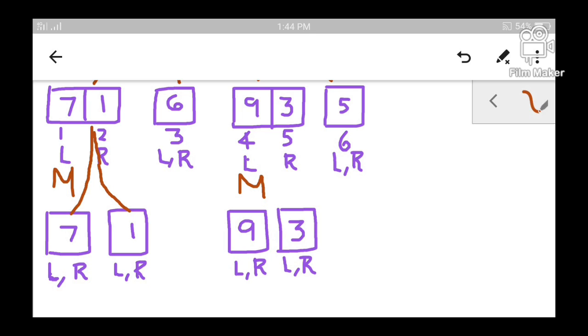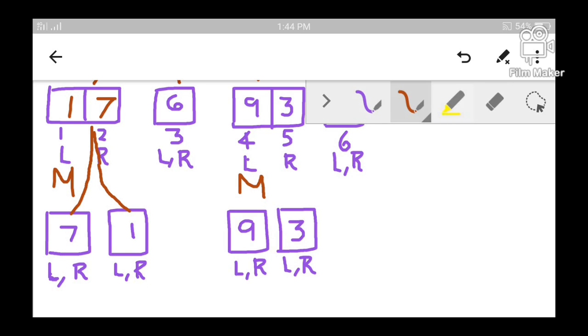That means the result of merging will give you an array which consists of all the elements of the previous arrays, but the result will be in a sorted form. So, instead of 7 and 1, the array elements will be now 1 and 7.